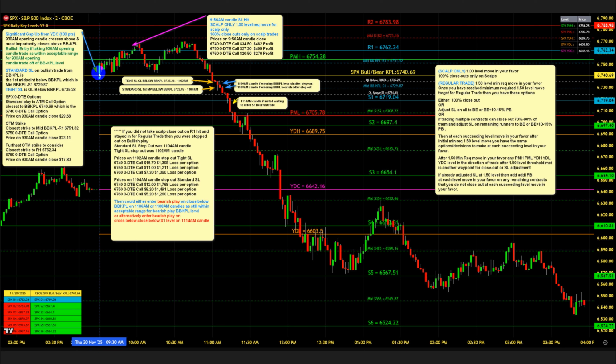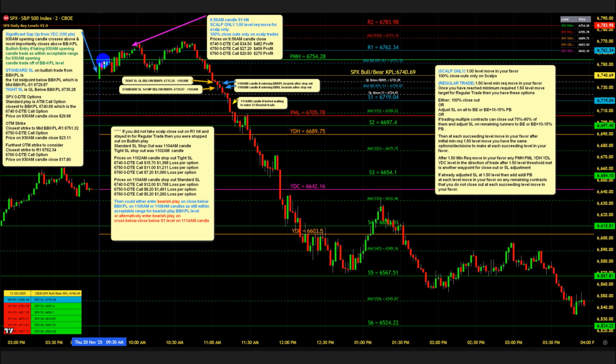So for example, this candle could have opened above, stayed above, never crossed below, and closed above. That's still a bullish entry signal. Conversely, if it opened below, stayed below, and closed below, then that is a bearish entry signal. Also, if it had opened above the bull bear KPL, crossed below, and closed below, that is also a bearish entry signal.